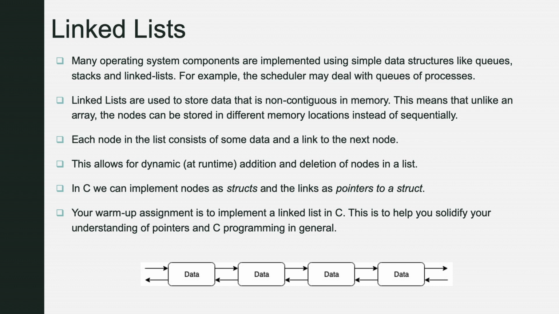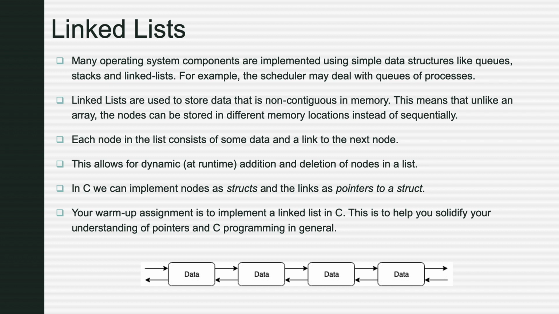Linked lists allow for the dynamic addition and deletion of nodes at runtime. Unless you use resizing of an array, arrays are typically static, which means you have to declare the size before the program is run. But lists allow us to change this while the program is running.